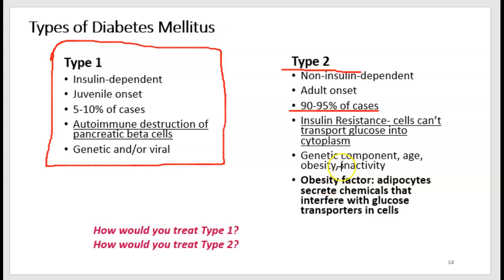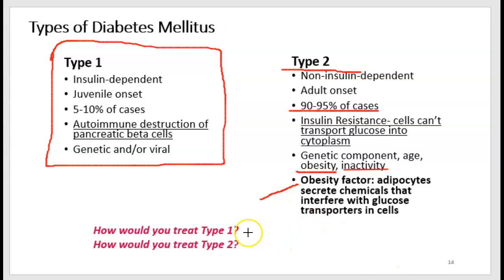But we do notice a link with obesity and inactivity, and of course age and a genetic component as well. The reason they think obesity might cause insulin resistance is that fat cells, of which there are a lot in obesity, secrete chemicals that interfere with the GLUT4 transporter.